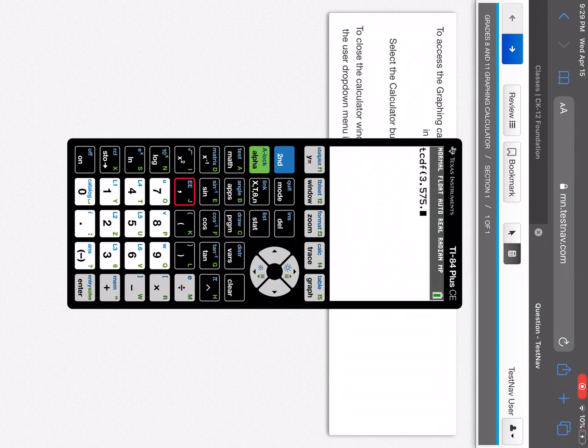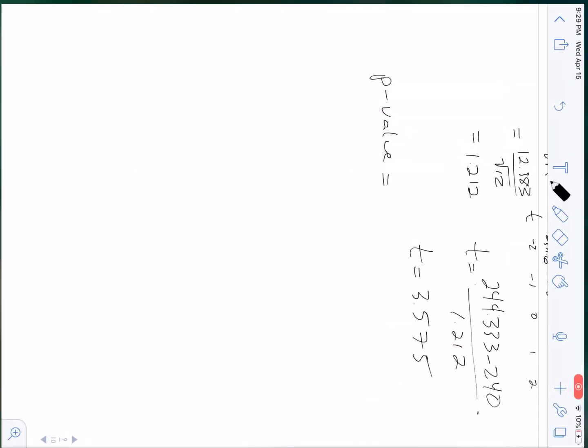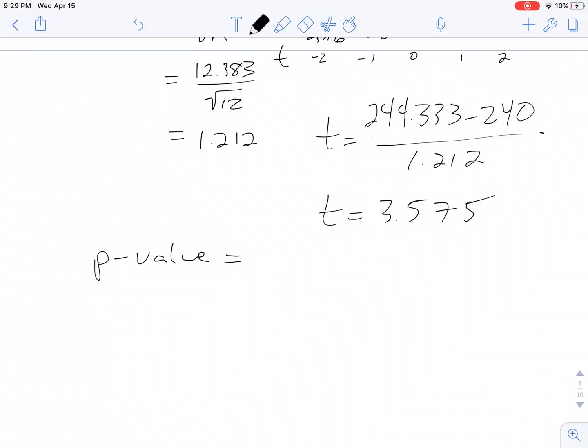My upper is unbounded, so I'm going to use a really large number by going 1E99. Then you also need to put in your degrees of freedom. In this case we have a sample size of 12, so I'm going to have 11 degrees of freedom. If you hit enter there, you get a pretty small p-value, 0.0022. So my p-value is 0.0022. So that then is the end of step 3.